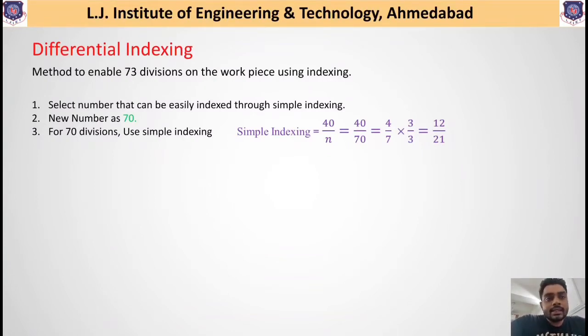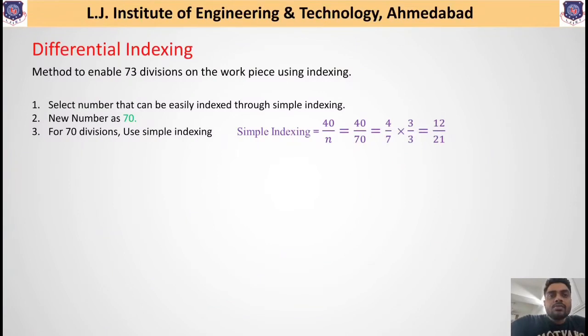So at the end the number that we have obtained in fraction form is 12 divided by 21. The interpretation of 12 divided by 21 is that for obtaining one division, the crank pin is rotated through 12 holes on the 21 holes indexing plate.